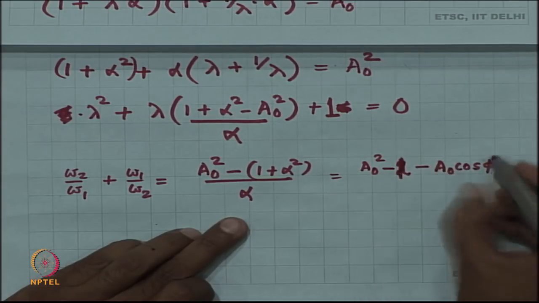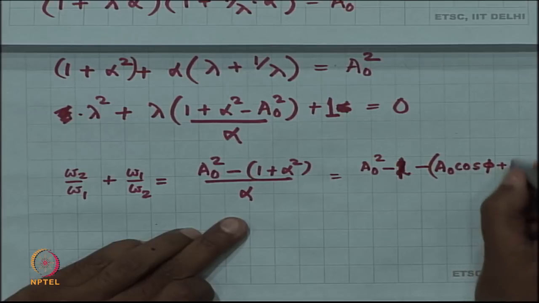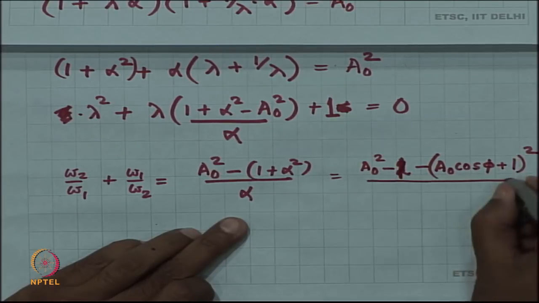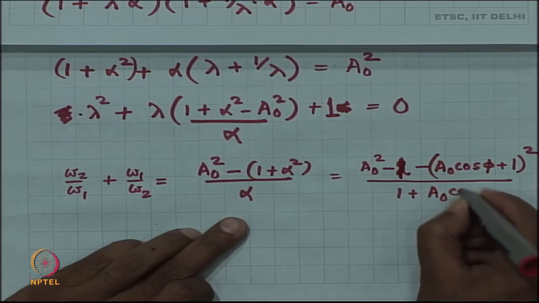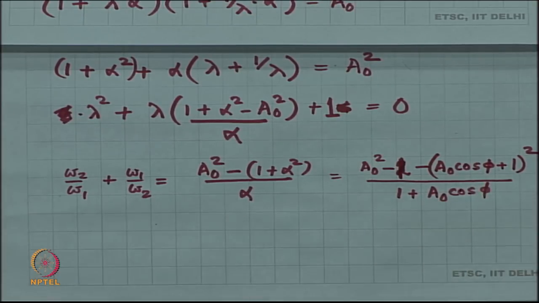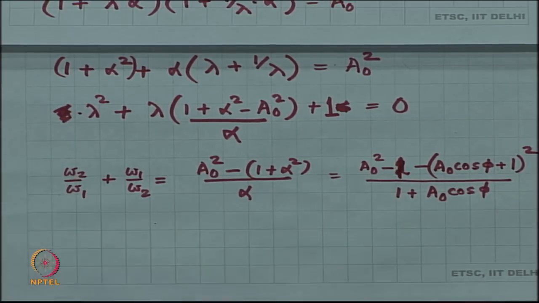Something like this. Okay, you can expand, you can plug in the value of alpha over there. So, this is the sum of the two roots.